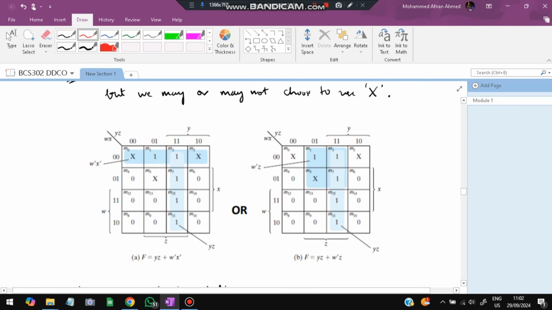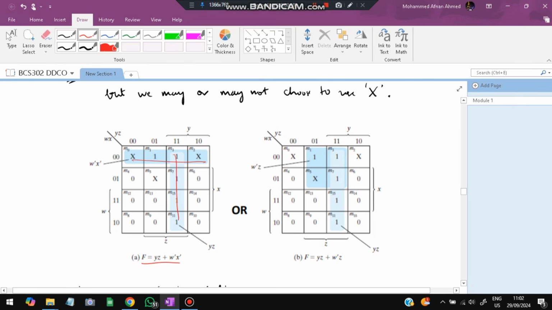So in this case, we can get two equations by considering x as 1 and not considering x as 1. Suppose that I consider this x as 1 and this x as 1, a group will be formed here, and this group is obviously present here, right? So there are two groups formed, and by using the same formulas, writing down the numbers, cancelling, and then getting the equation, we'll be getting these two values: this is the yz, and this is the w dash x dash.